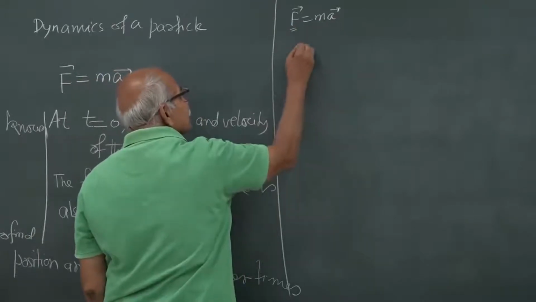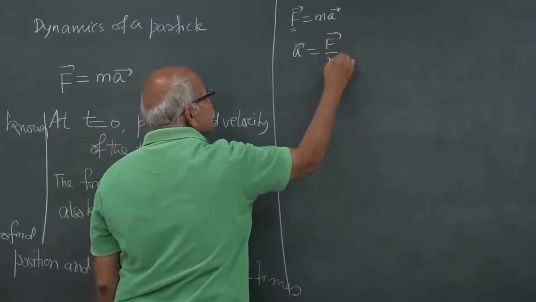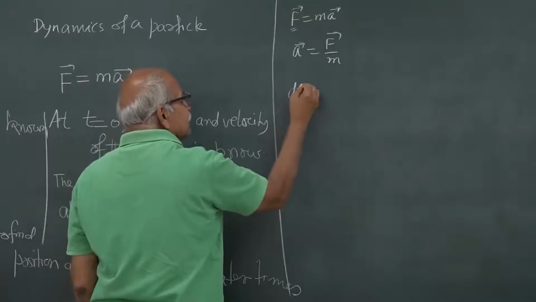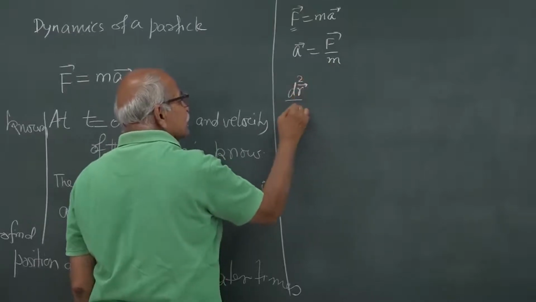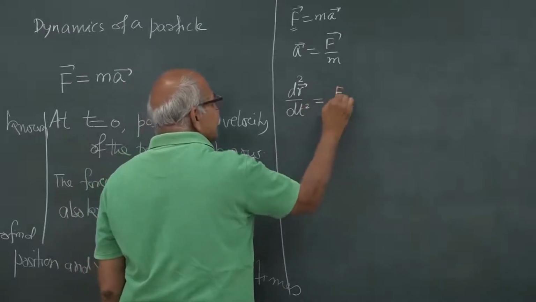So, you have acceleration is F by m, the mass of the particle is supposedly known. So, you write this as the second derivative of the position vector, d2r/dt2, that is equal to F by m.